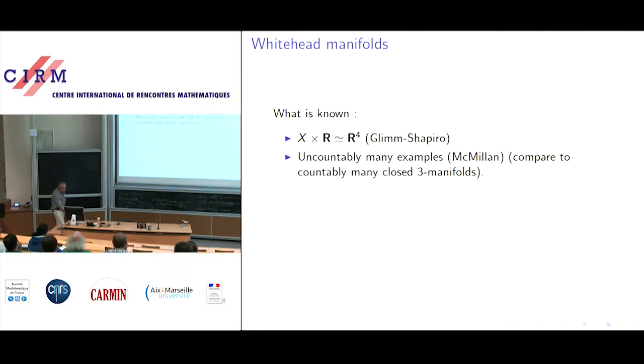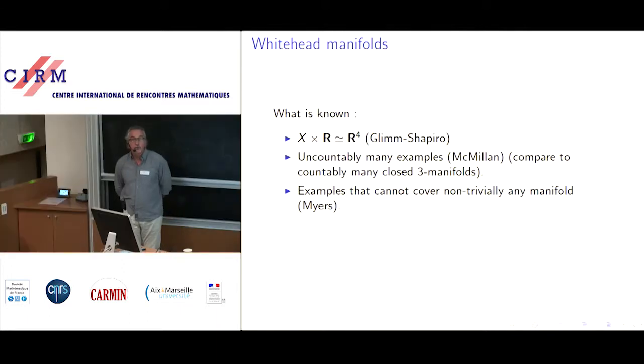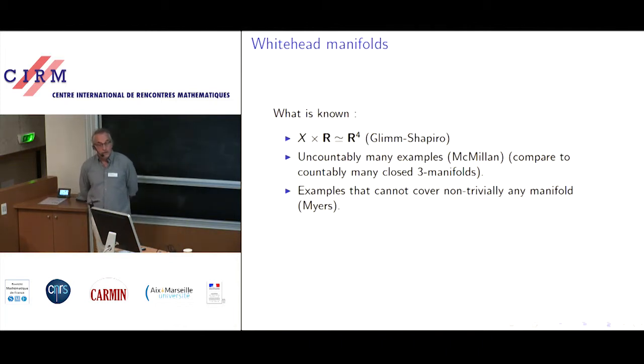And in fact, it is true that there are examples which cannot cover non-trivially any manifold. That is, what I'm saying is that there are examples, and the one I described is one of them, on which no group is acting so that the quotient is a manifold. And plenty of them. It's very exciting, I think.